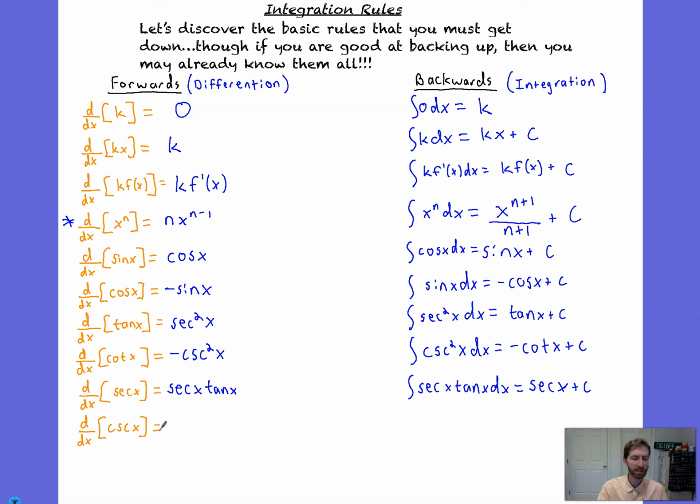Last but certainly not least, the derivative of cosecant x is minus cosecant x cotangent x. That's the derivative. So the integral of cosecant x cotangent x dx, what's that going to be? Let's think about that one. Well, the antiderivative of that, the integral, is going to be minus cosecant x. Again, to account for no minus being here, as it was there. So we get minus cosecant x plus c.